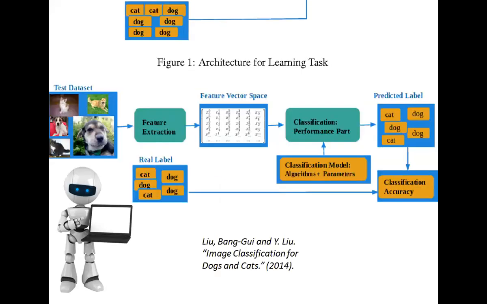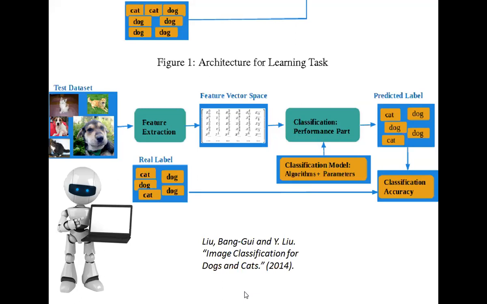The metric for calculating the performance of classification is the classification accuracy. With the help of a machine learning model or classification model, prediction is done on the test data set. So predicted labels and real or actual labels are compared to find the classification accuracy.